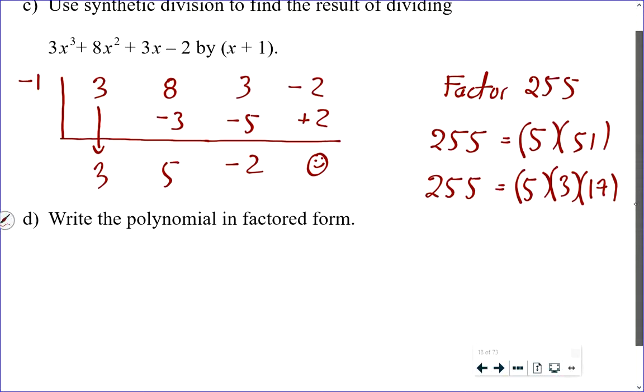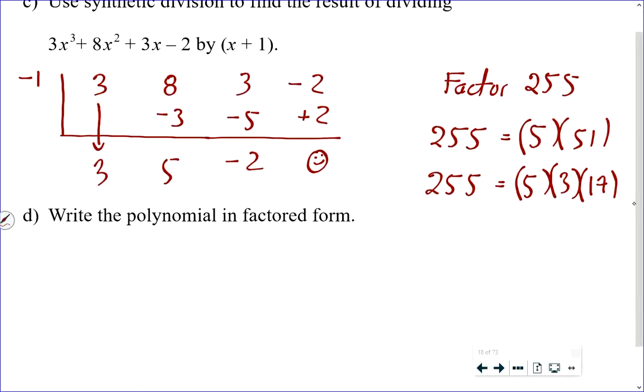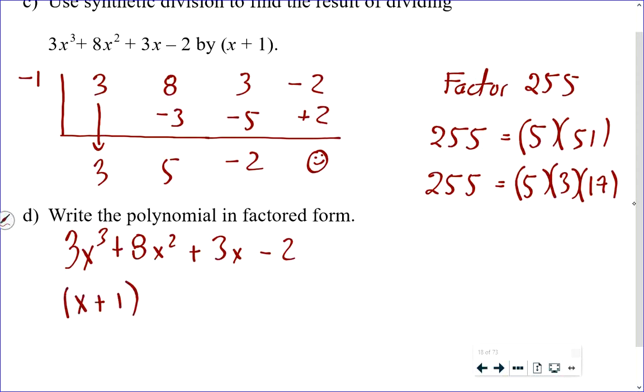So if I said to you, factor 3x cubed plus 8x squared plus 3x minus 2, and I told you, and I did in this question indirectly, that x plus 1 is a factor, I told you that. I'm not going to tell it to you in the next example. We've got to find it. Then that means we can write this polynomial as x plus 1 times whatever the quotient is when we do the division.